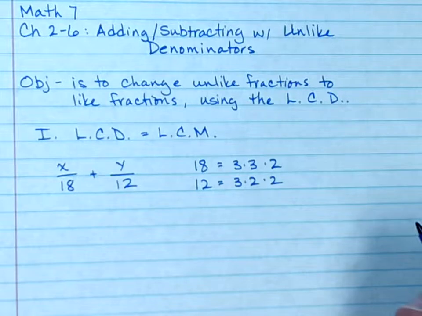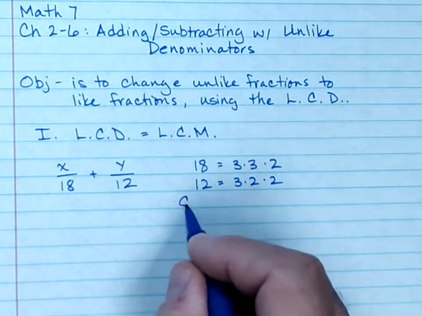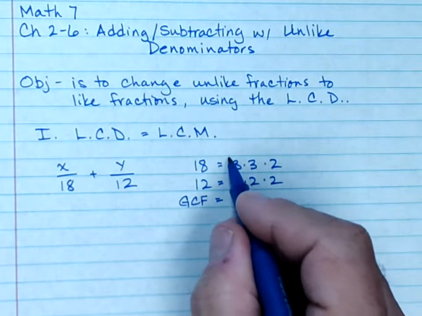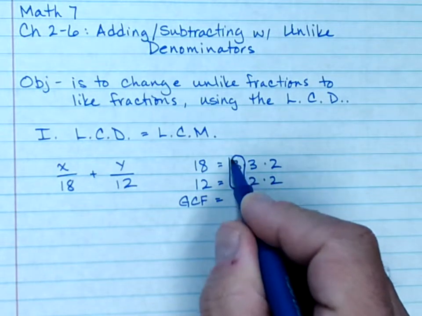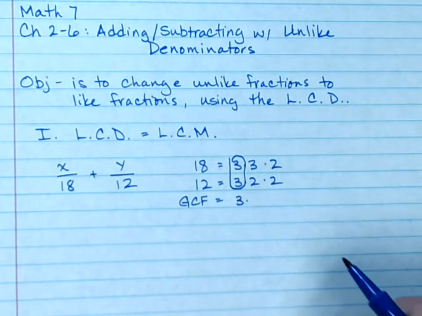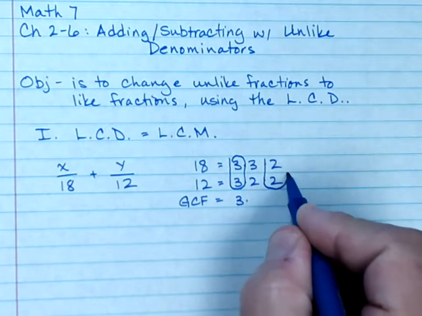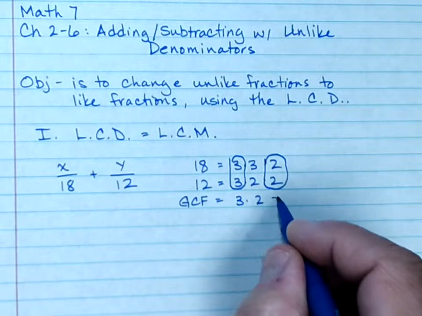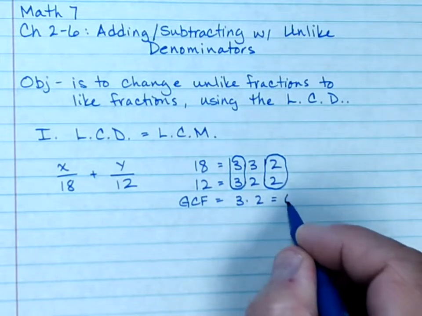Now what we want to do is first determine what the greatest common factor is of these two numbers. Well, they both share a common factor of 3, so I put that there. They also share a common factor of 2, so I put that there. So my greatest common factor is 3 times 2, or 6.